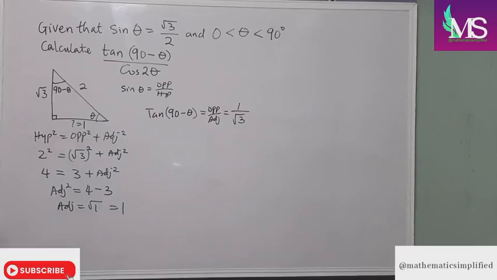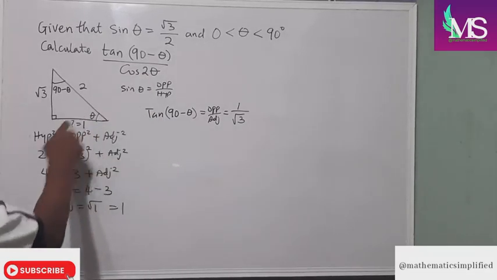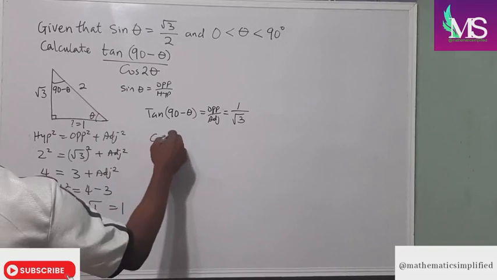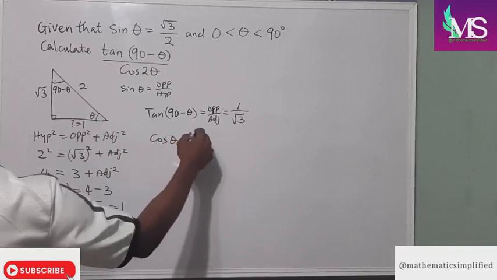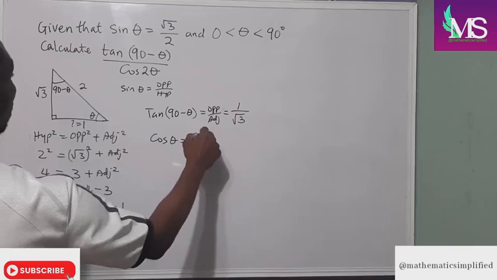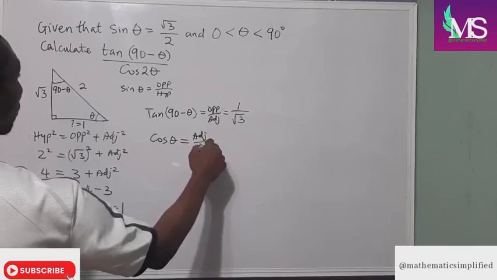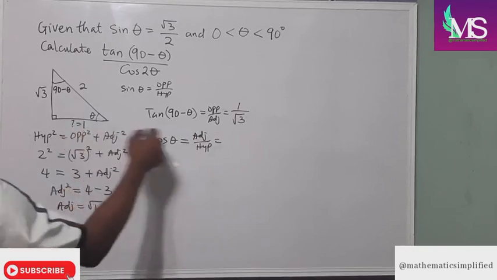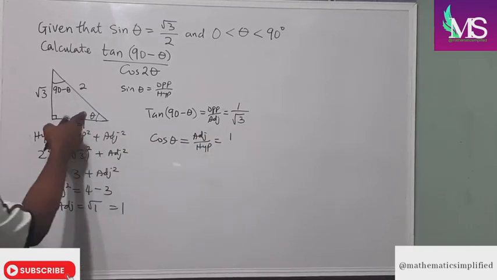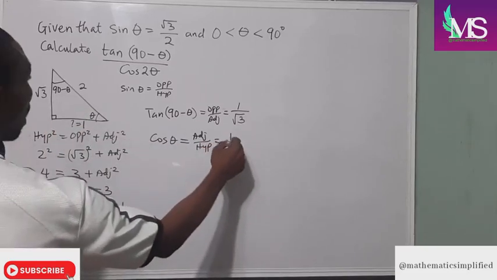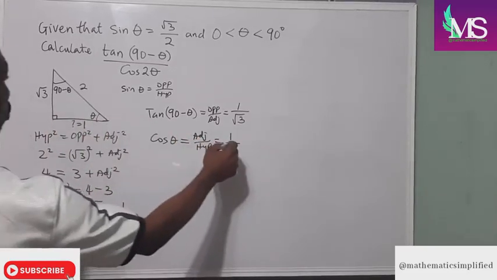Now considering cos theta, cos theta is adjacent over hypotenuse. Considering theta, adjacent is 1 and hypotenuse is 2.